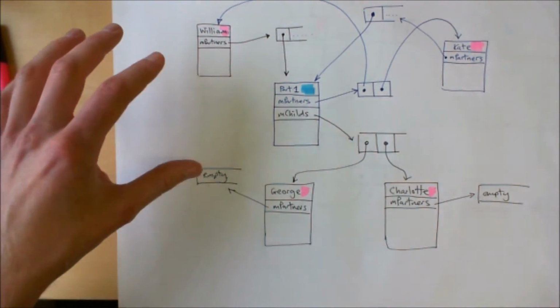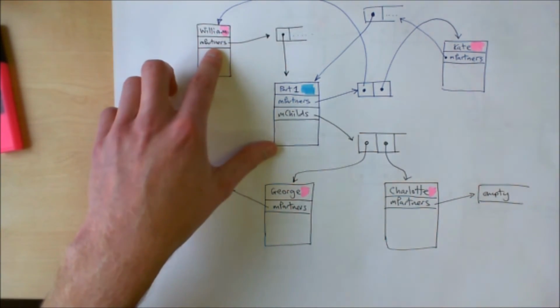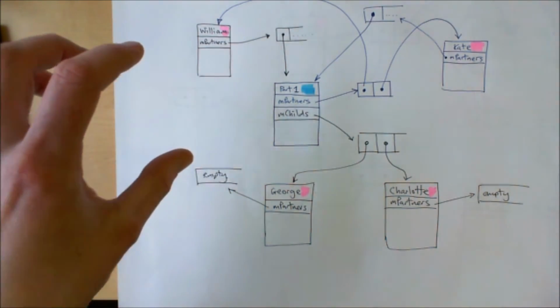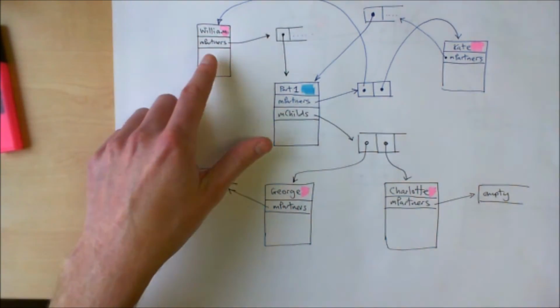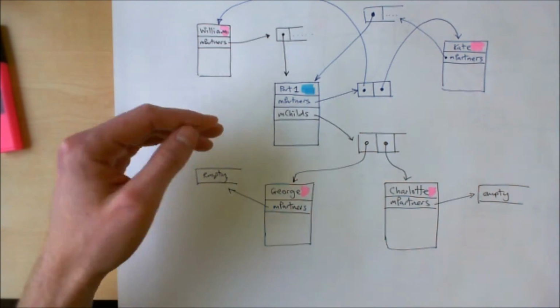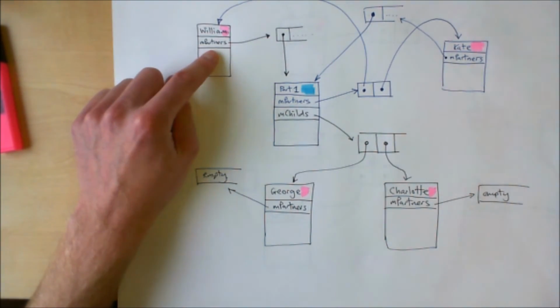So for traversing this tree, we would start off with William, and remember that the behavior isn't because he's William, but because he's a person object. William is a person, which means that we know that there is an array in there of m partners.